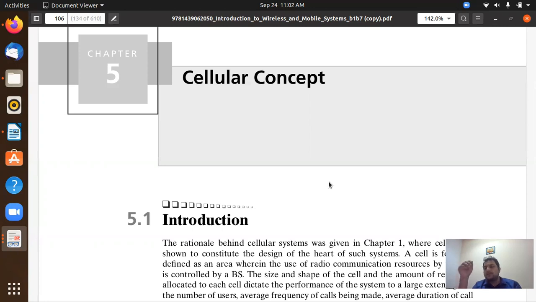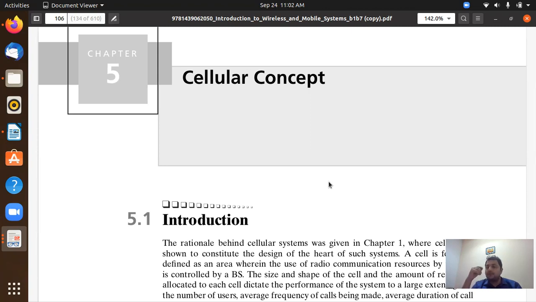Suppose there is a service provider X who has to provide service to its mobile users in a particular area. First, they have to work on the infrastructure, and the primary focus would be on the creation of the cells, and how that region would be divided into different cells.